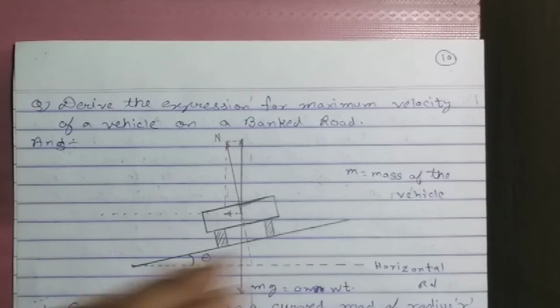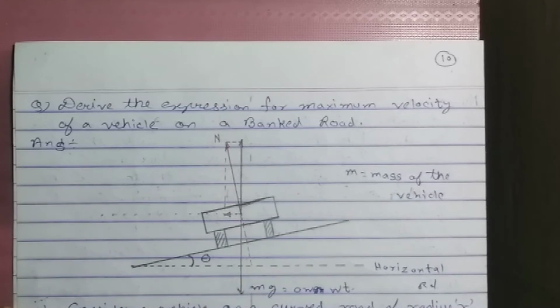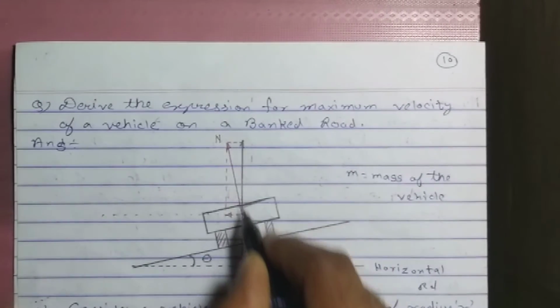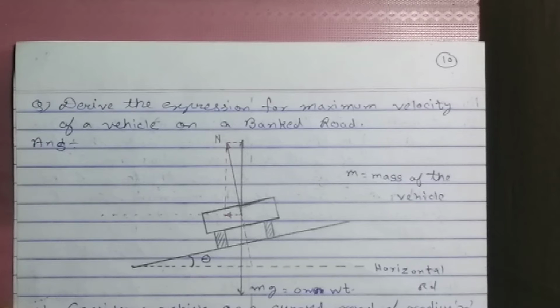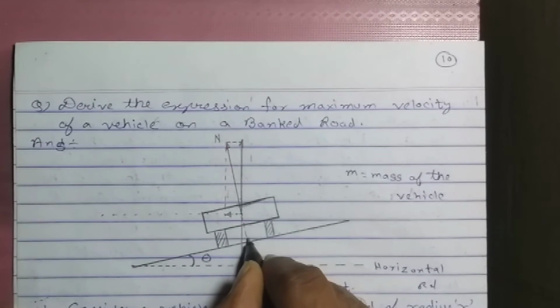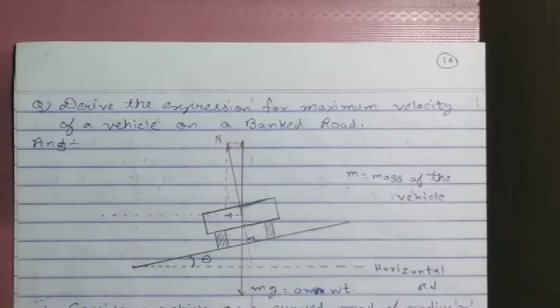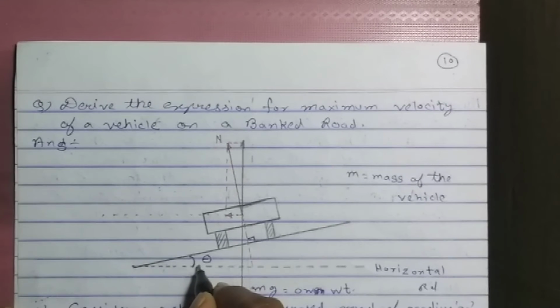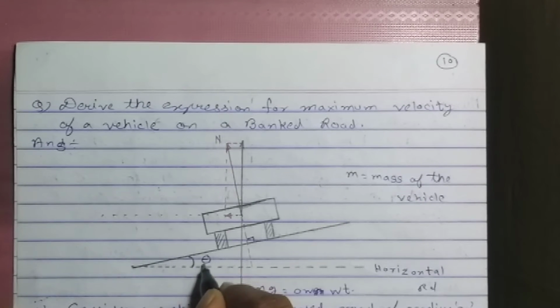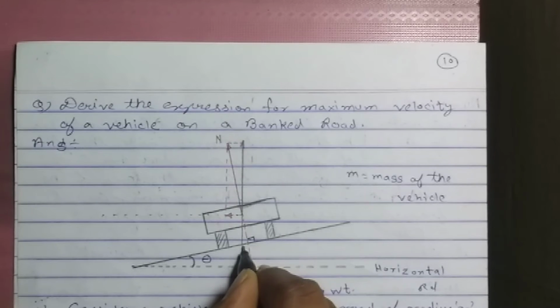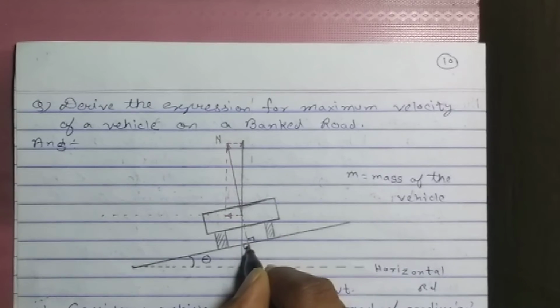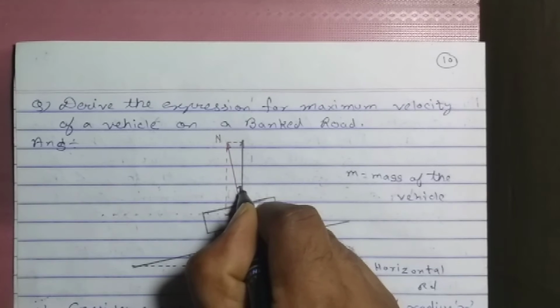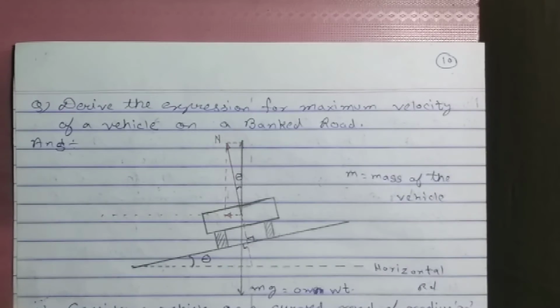Here mg represents its own weight, the weight of the car. Since the car is on the banked road, this red line represents its normal reaction, and this normal is always perpendicular to the surface of the road. If I apply the geometry, if this is theta, this is 90, agree? This will be theta.